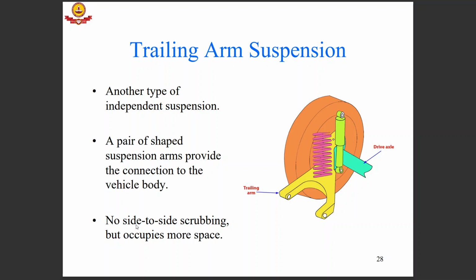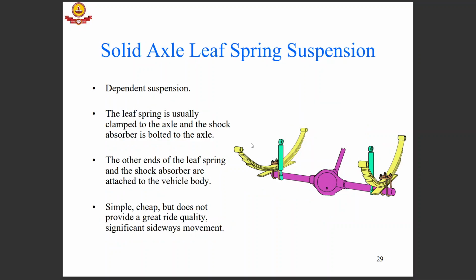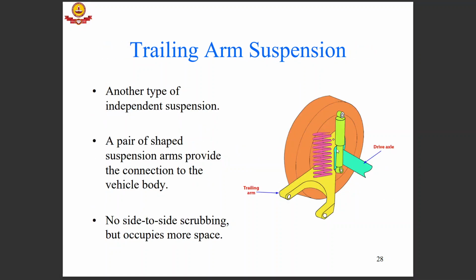So this would not have side to side scrubbing, but it will take up more space. This kind of thing can sometimes be found on rear wheels of cars, especially of those which are front wheel driven.